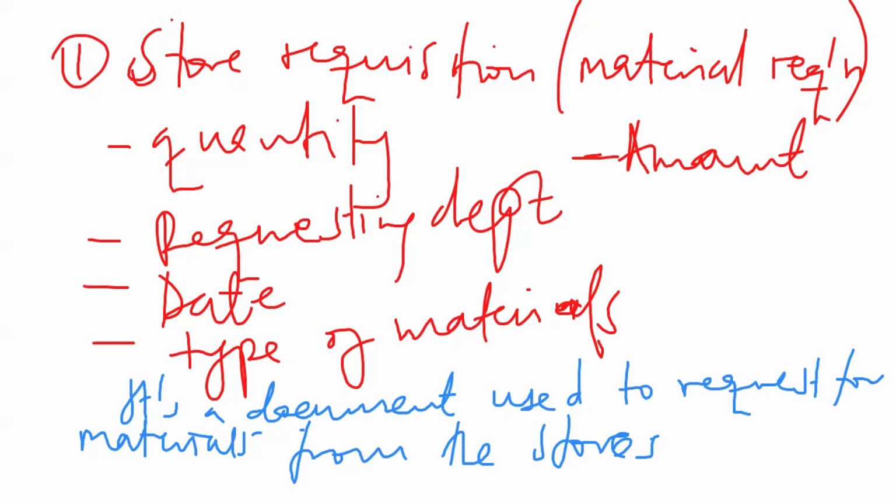So the store's manager will go and check what is available. If the material the production manager is asking for is not there, that person will go and buy, and we shall start the process of procuring. If they are there, then we see which documents may be raised from that point.